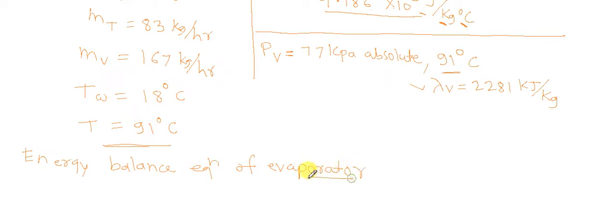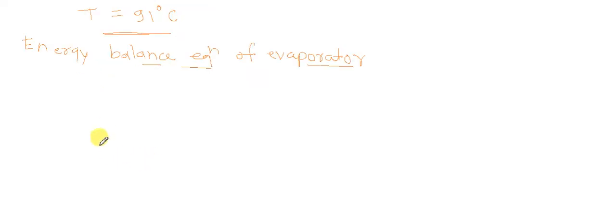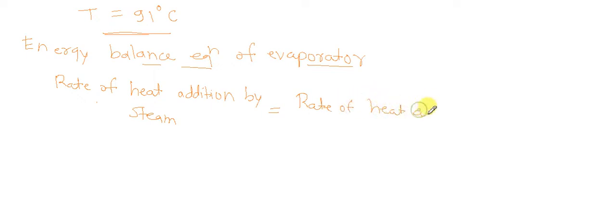What is that energy balance equation of the evaporator? The rate of heat addition by steam to the process is equal to the rate of heat absorption by the weak liquor.